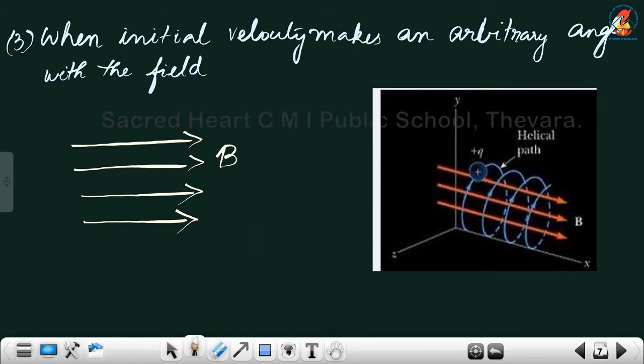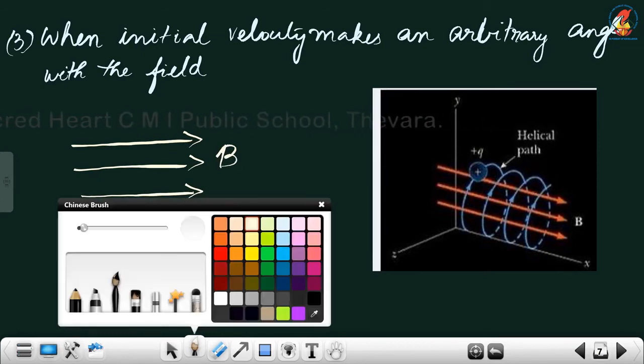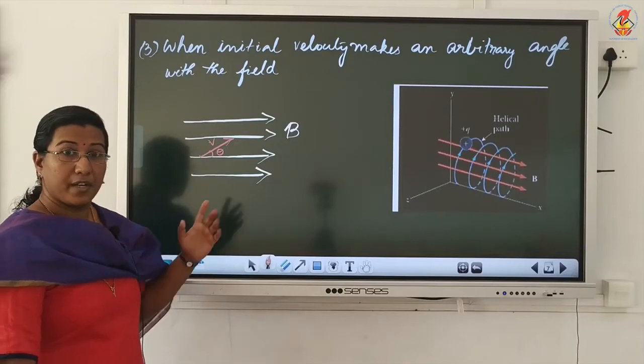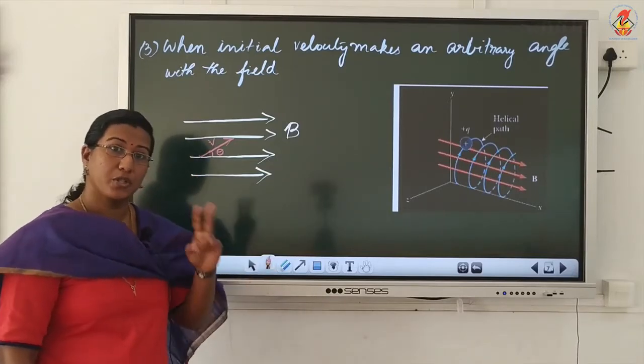Which is acting along the x direction, and the particle enters the field with velocity v at an angle theta. So this v is the velocity of the particle and it enters the field at an angle theta. What you can do is resolve your velocity into two components.